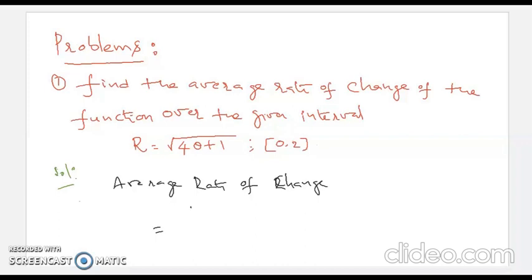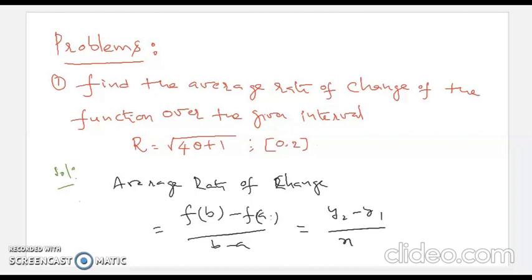It is f of b minus f of a by b minus a, or simply it can be written as y2 minus y1 by x2 minus x1 also.